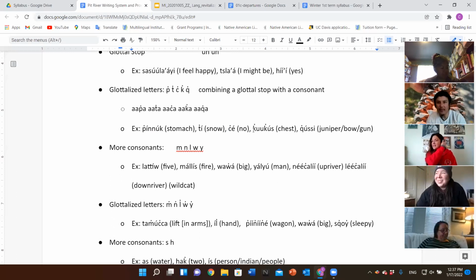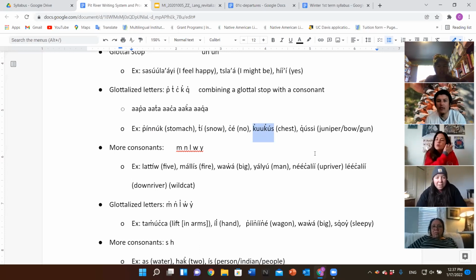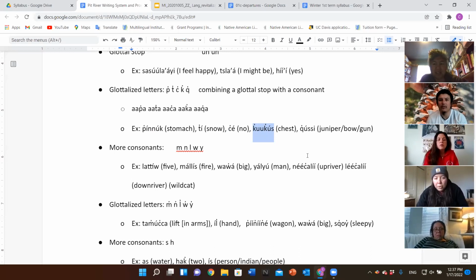All right. And then here we have Kukus. Okay, that was good. Yeah. Okay. Goose.